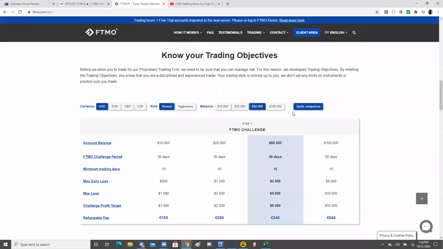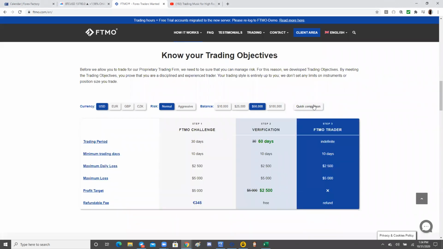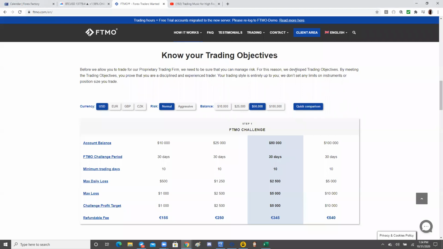So they have various amounts. You go from a $10,000 account to a $25,000 account, a $50,000 account, and $100,000. So the prices below are here in euro, but in US dollars, it's about like a buck 80, 250, for something, and 630.